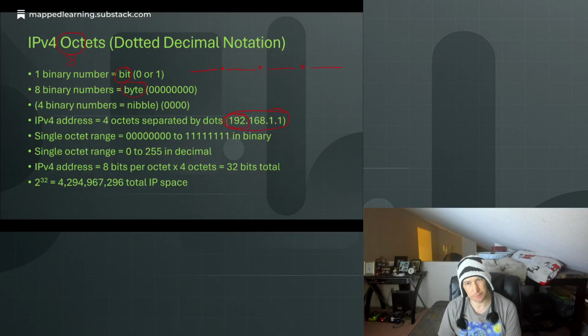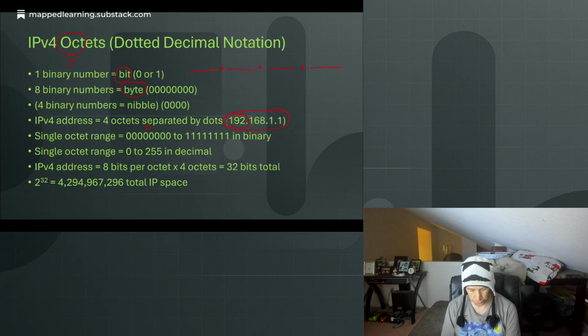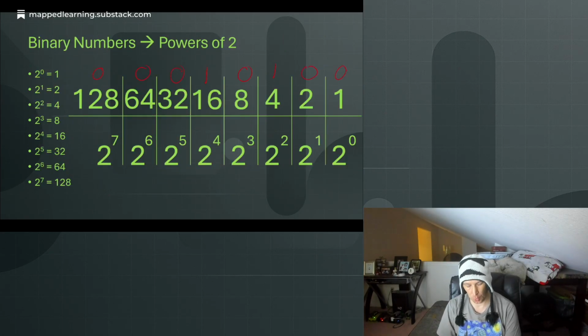A single octet can have a value all the way from all zeros, which would obviously be 0, to all ones. And if you add 128 plus 64 and so on all the way, you're going to get 255 in decimal. And the reason why that's easy to remember is because if you go to this scale, you double the number to get the next number to the left. So if we take 128 and multiply it by 2, we get 256.